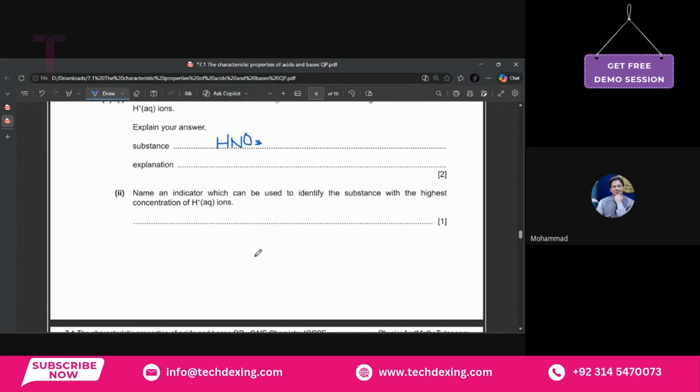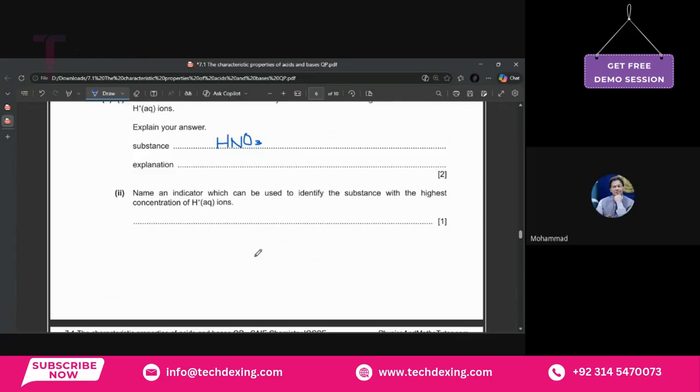Universal indicator can be used to identify the substance with the highest hydrogen ion concentration. Unlike other indicators, like litmus or methyl orange, which usually only tell us if a substance is an acid or a base, universal indicator has a range of colors. It changes color through a complete range.